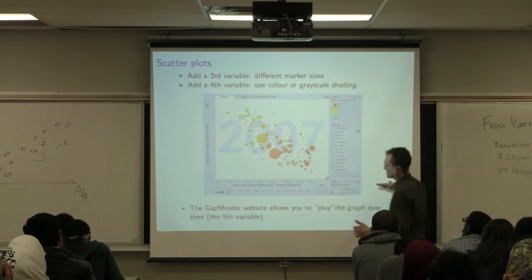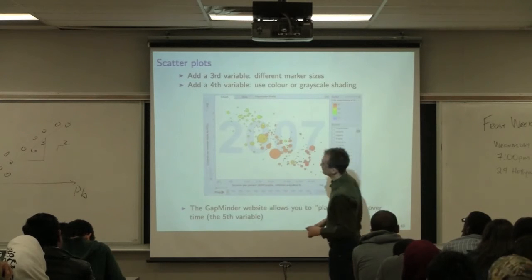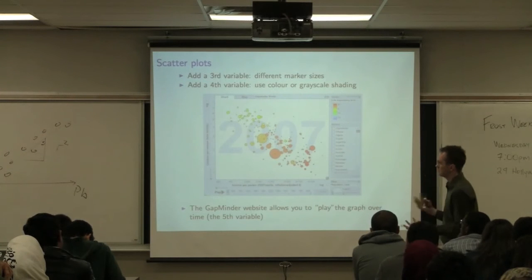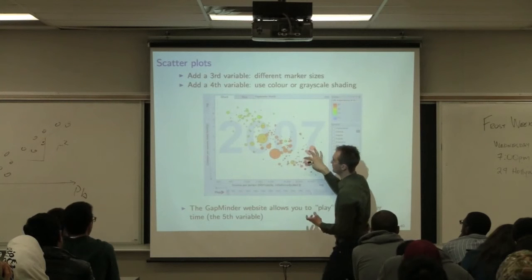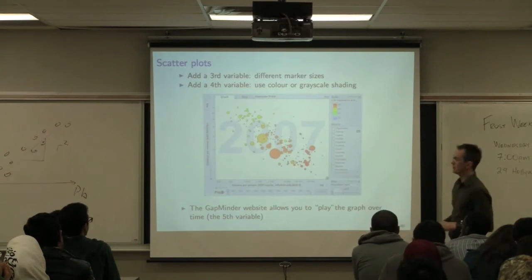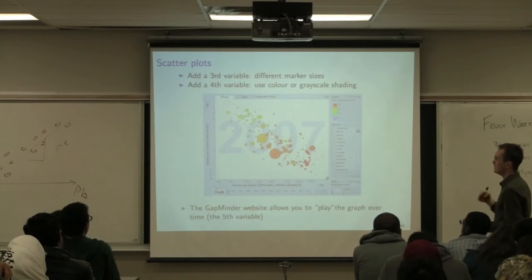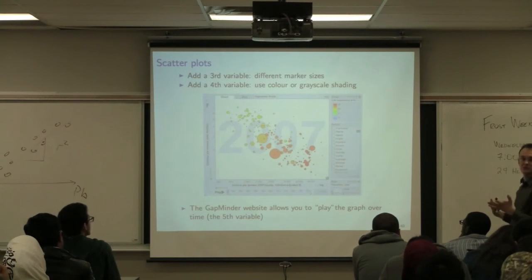On my x-axis, I've got income per person. On my y-axis, I've got children per woman. So countries down here have a low number of children born per woman, high up here, higher levels of fertility. So the fertility axis on the y, income per person on the x. Cause and effect.